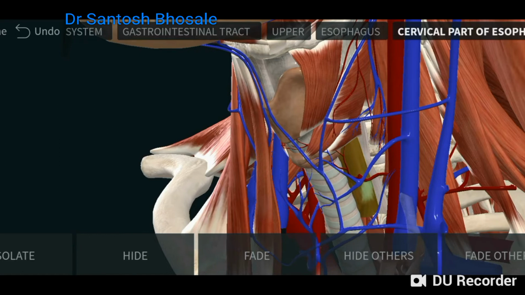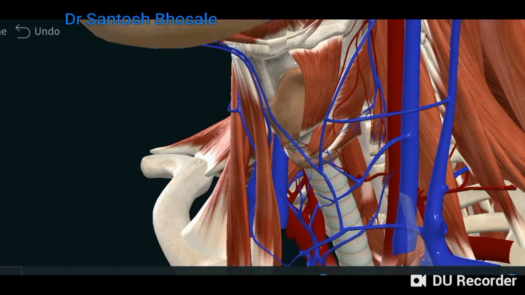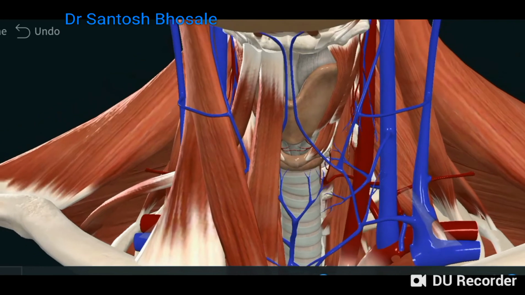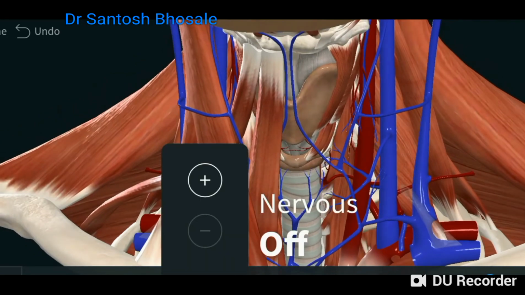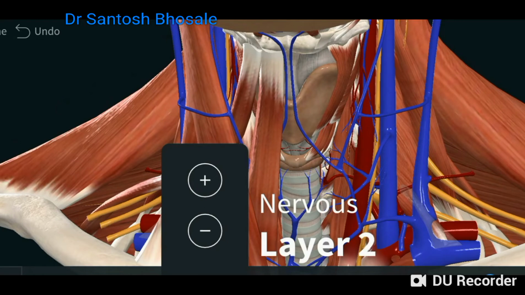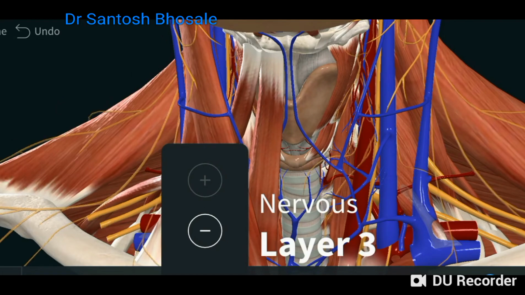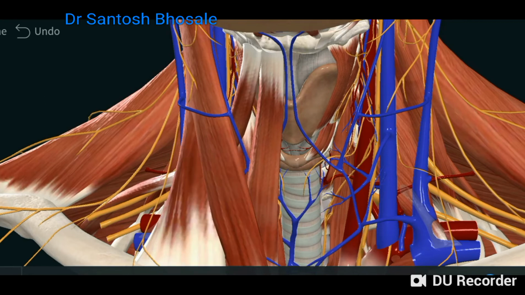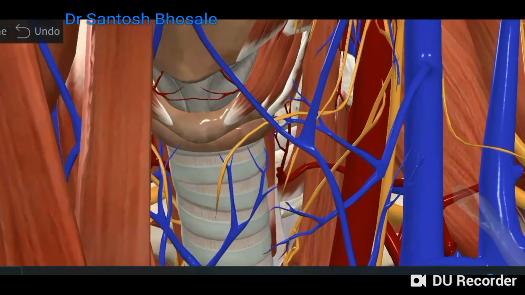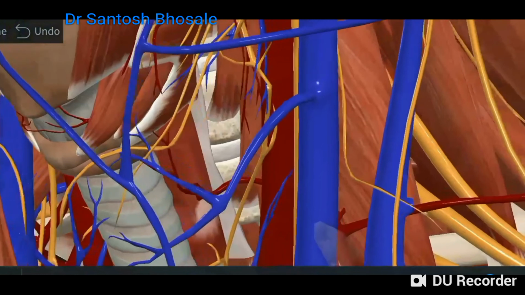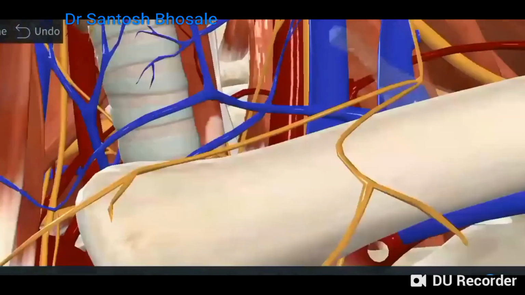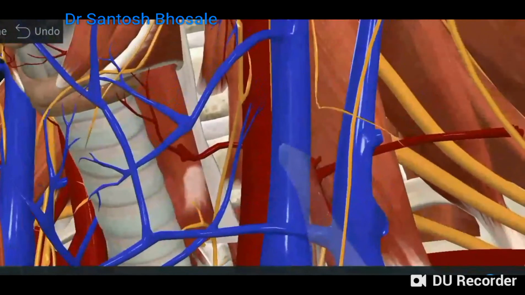And you will also see the two nerves, the recurrent laryngeal nerve and external laryngeal nerve, related to the medial surface there. If you add the nerves here, you will see the recurrent and external laryngeal nerve branches of the vagus nerve, which is in the carotid sheath.